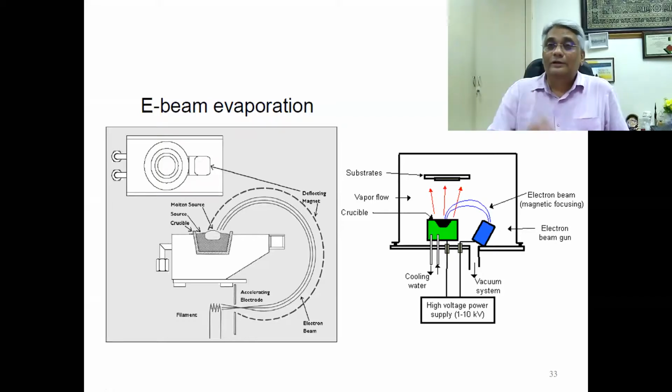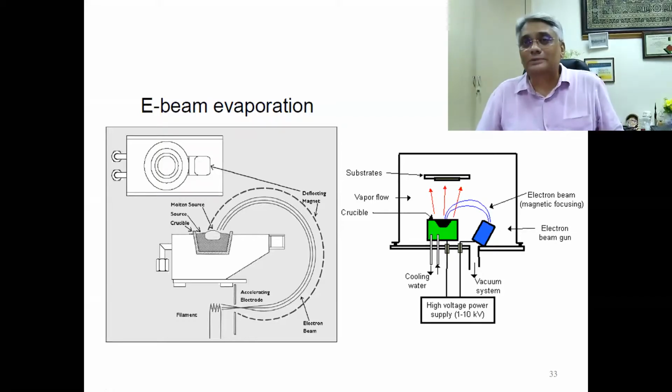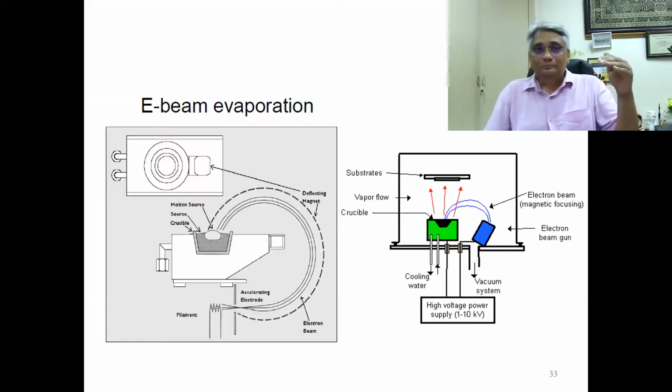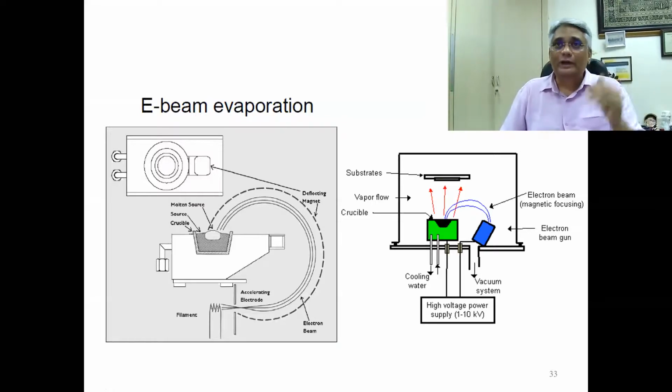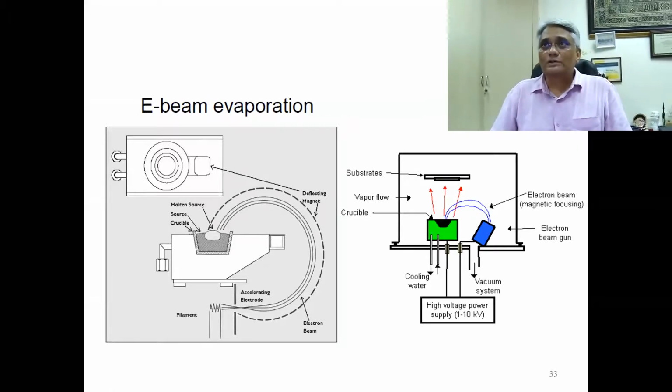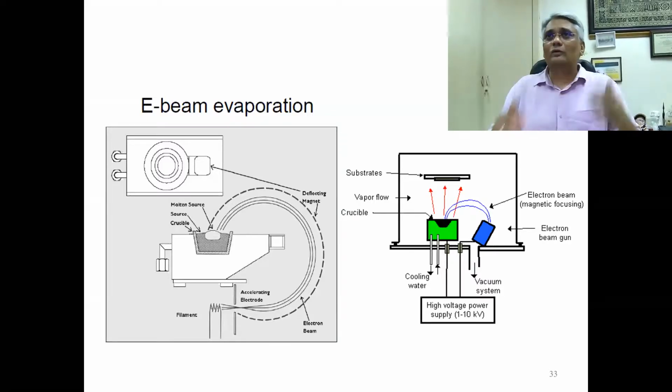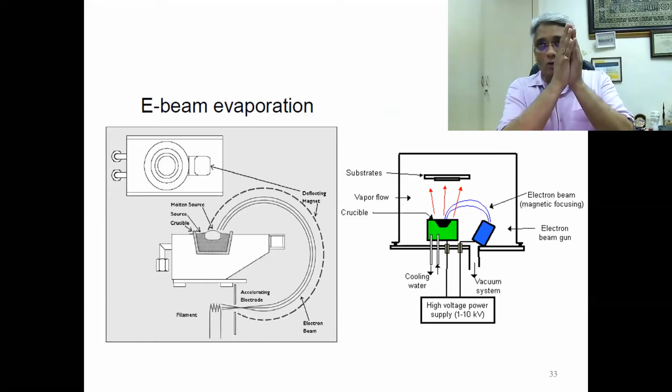So for all practical purposes where you need alloy coatings and coatings of elements for contacts or multi-layer growth, electron beam evaporation is a very popular process. It's a simple extension of thermal evaporation. It is still thermal evaporation. You are causing thermal evaporation by using an electron beam of high energy.